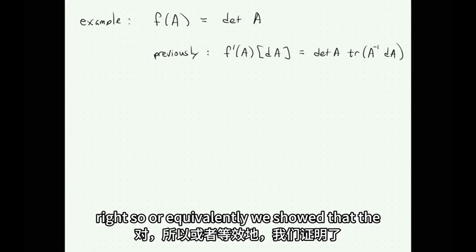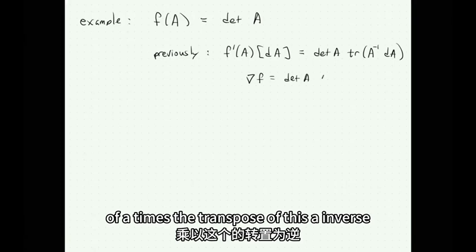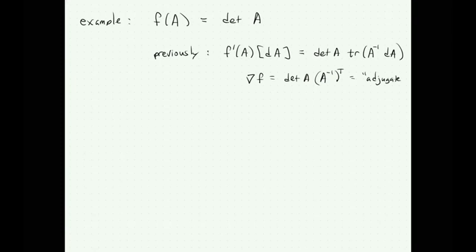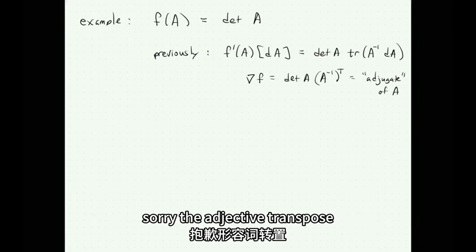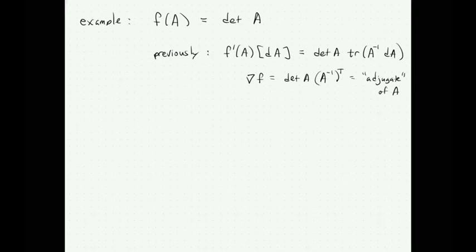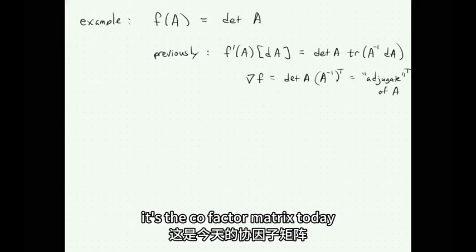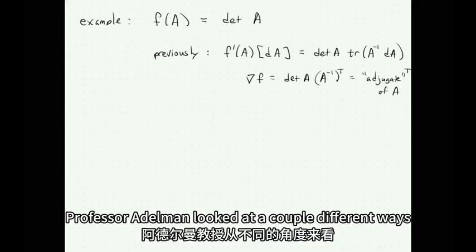Or equivalently, we showed that the gradient of f was the determinant of A times A inverse transpose, which is the adjugate transpose of A. I always forget which is which. It's the cofactor matrix of A. We saw this, and there are various ways you can show this. Professor Edelman looked at a couple of different ways.